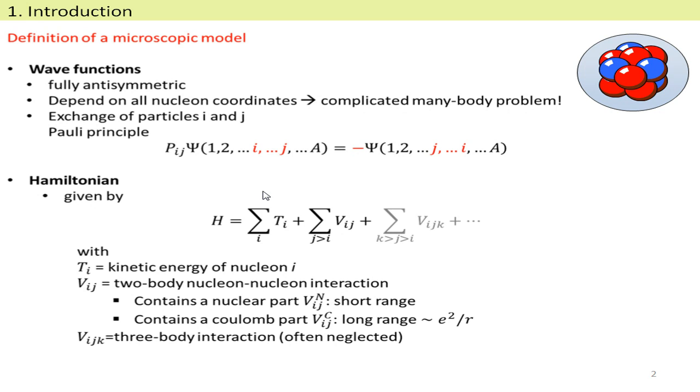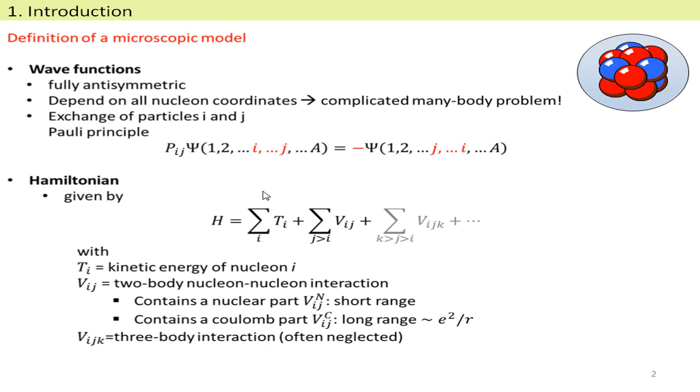But here I put it in gray because in general this term is neglected, and in all my applications this term is indeed neglected. The two-body nucleon-nucleon interaction contains a nuclear part, which is short range, and a Coulomb part, which is the standard Coulomb interaction, a long range term.